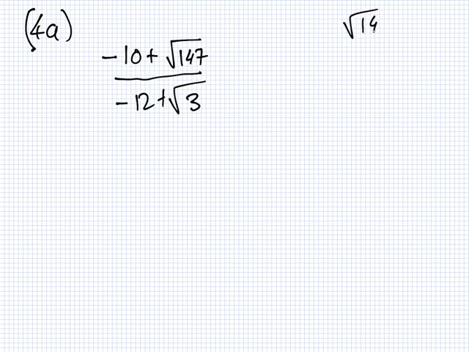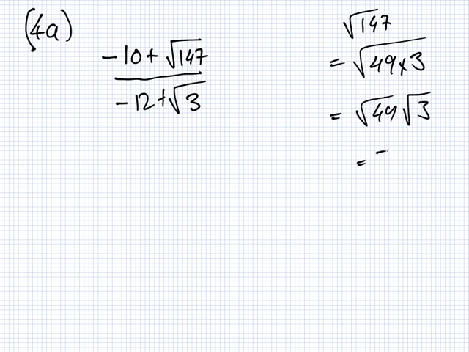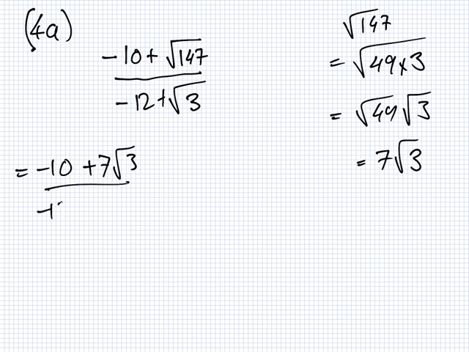Root 147 equals root 49 times 3, which equals root 49 root 3, which equals 7 root 3. So on the top, I can write minus 10 plus 7 root 3, and on the bottom, minus 2 plus root 3. Yeah, it's a 2, not 12. So it's like this.